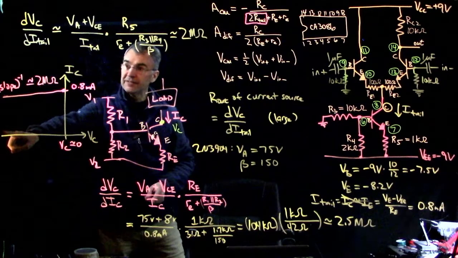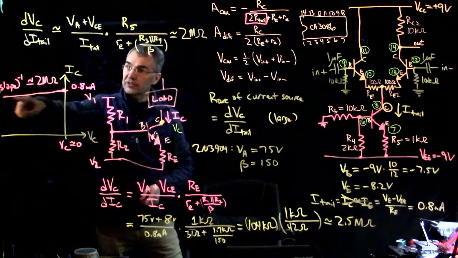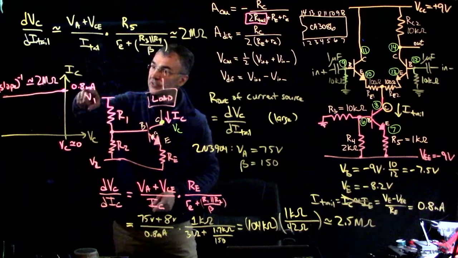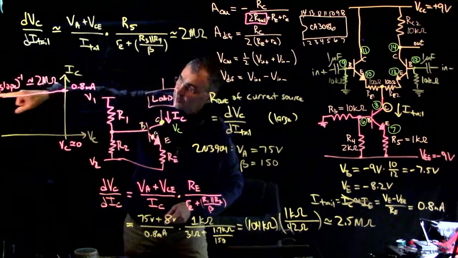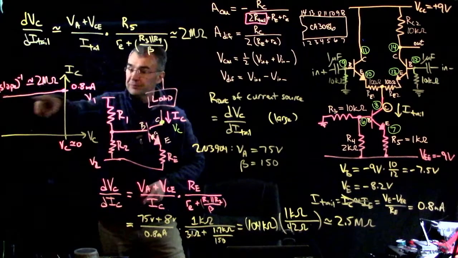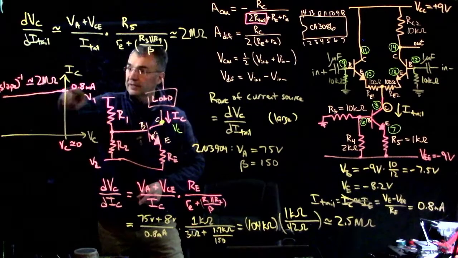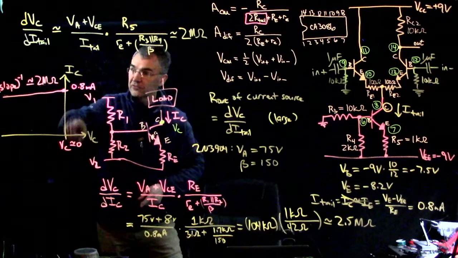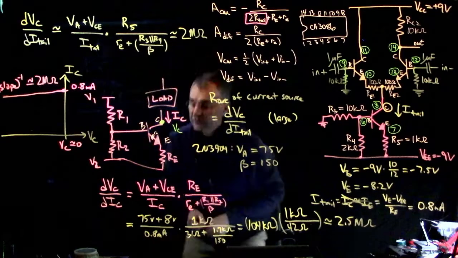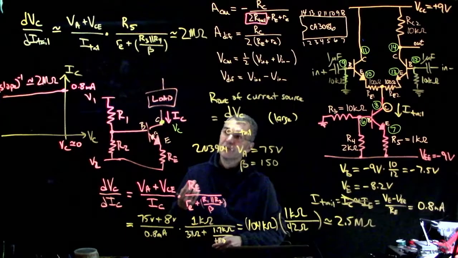The neat thing about the current source is that you can have this small slope, and the place where this curve would intercept 0 could be way off at like minus 2,000 volts, and you don't care. In this region that you do care about, it has the desired offset, and its slope is very small. So that's the neat thing about using a current source: you can use its dynamic resistance.